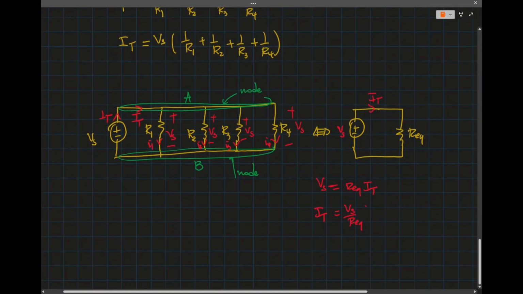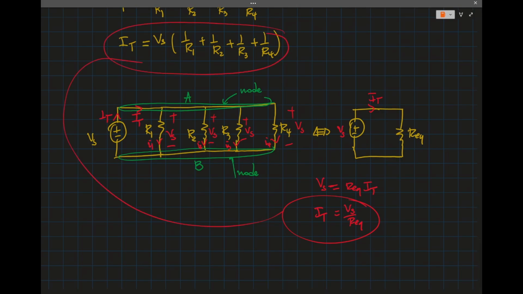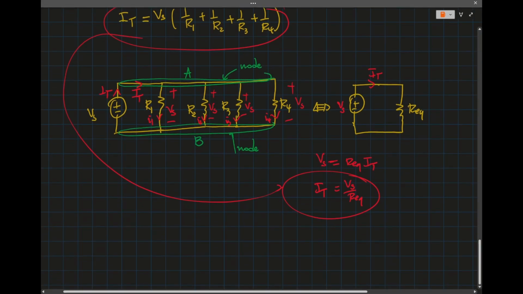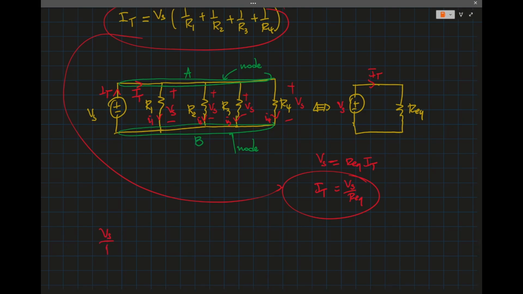Right, so if I match that with what I have here, then I have Vs over R equivalent, which is equal to Vs times 1 over R1 plus 1 over R2 plus 1 over R3 plus 1 over R4.